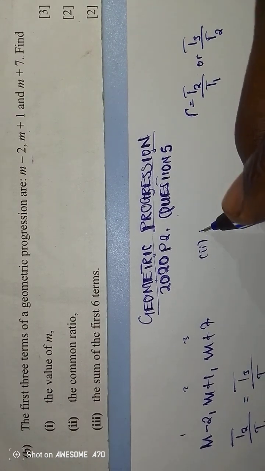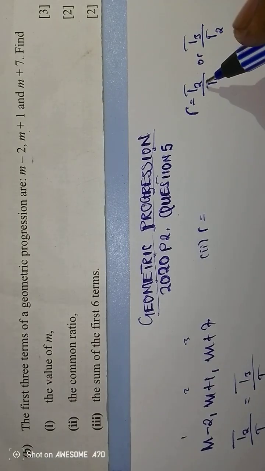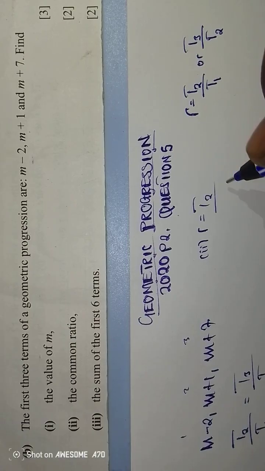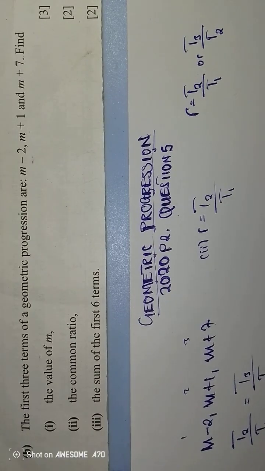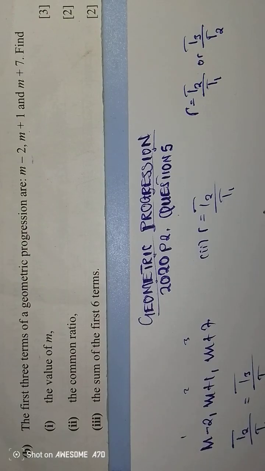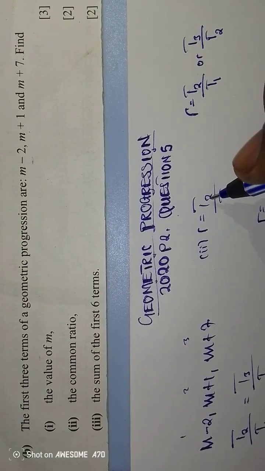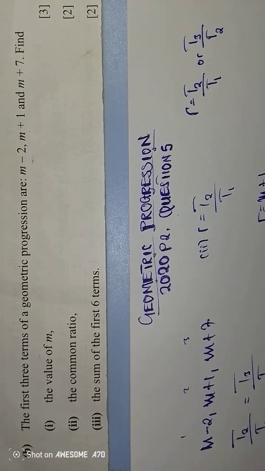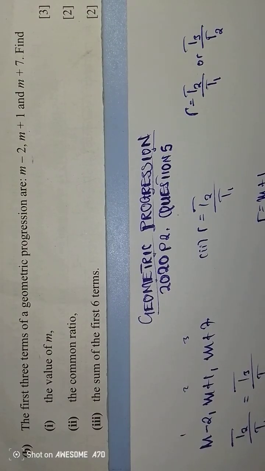So you just say second term over the first term: m plus 1 over m minus 2.